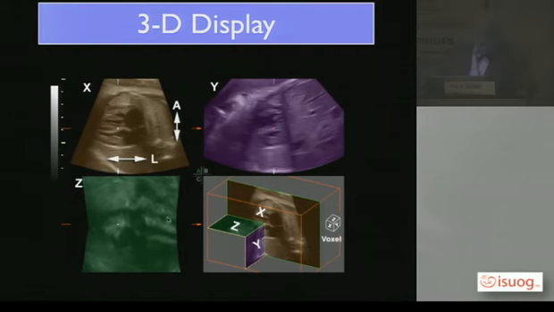The Z plane is perpendicular, running at this angle to the X plane, so it forms 3 planes, all perpendicular to each other. For the most part, we examine the X and the Y planes for most of our work because this image has the highest resolution, followed by this image which has less resolution, followed by this image that has the worst resolution, just because of the way the images are constructed.